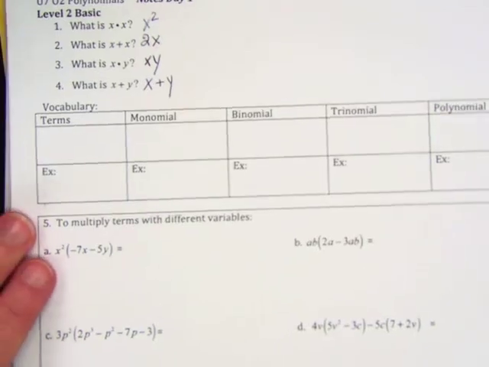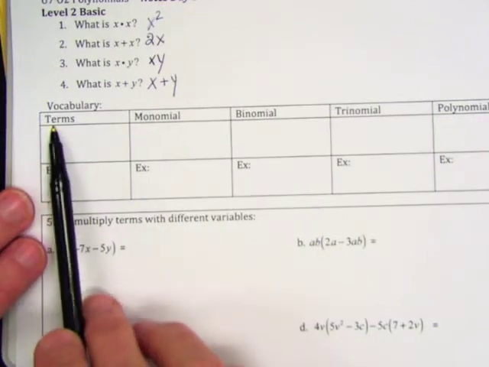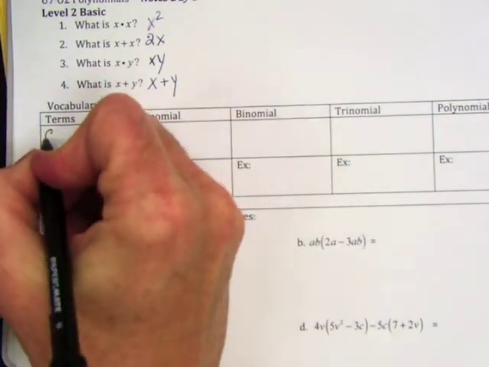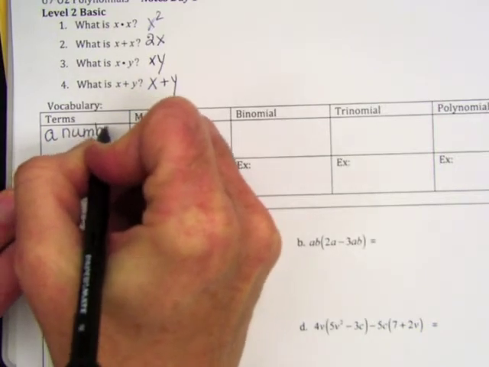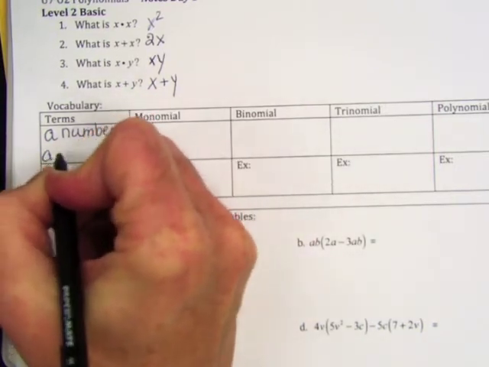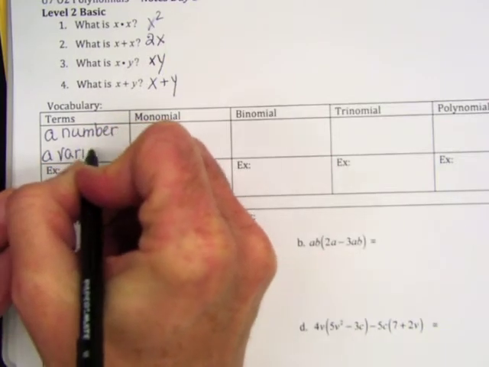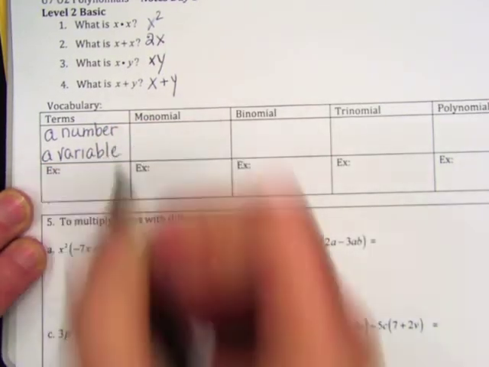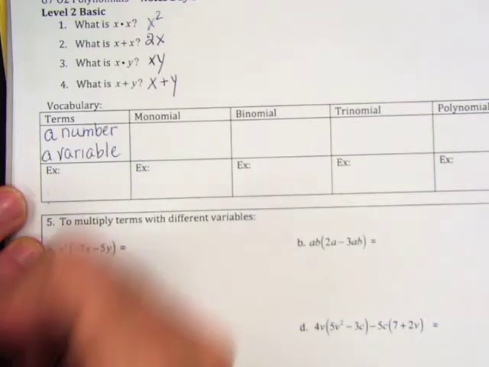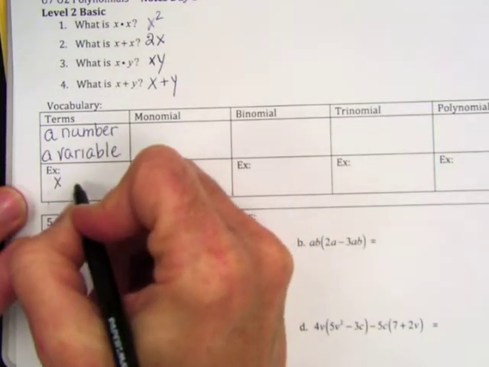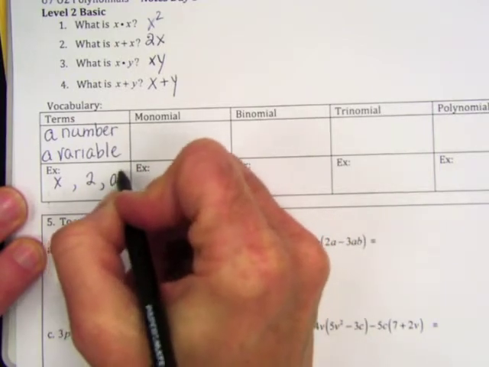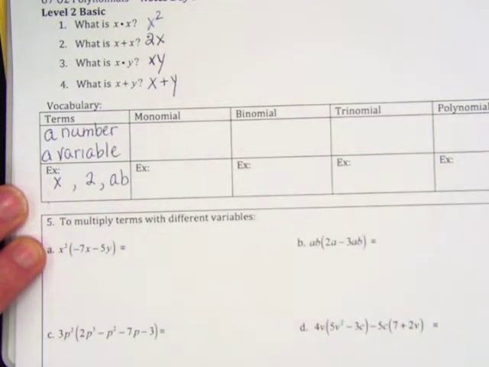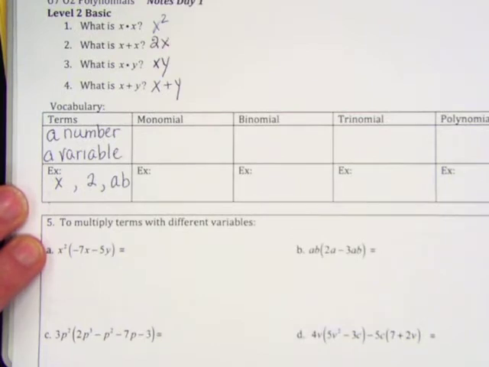So let's talk about what I mean by terms. A term can either be a number or a variable. So an example is maybe x, or the number 2, or ab. So those are all examples of terms. Those are all single terms, and that's what a monomial is.